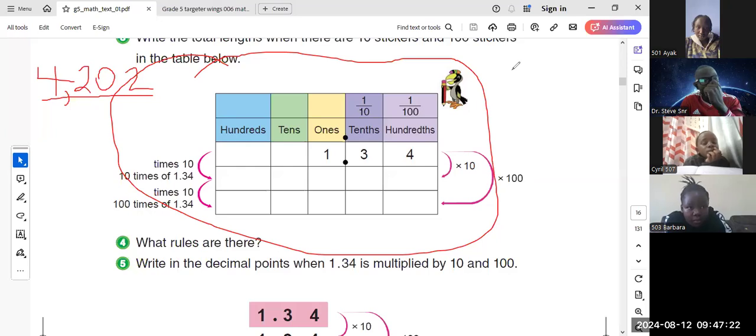Thousands. The place value of 4 is thousands. Now, how did you arrive at thousands, Ayak?